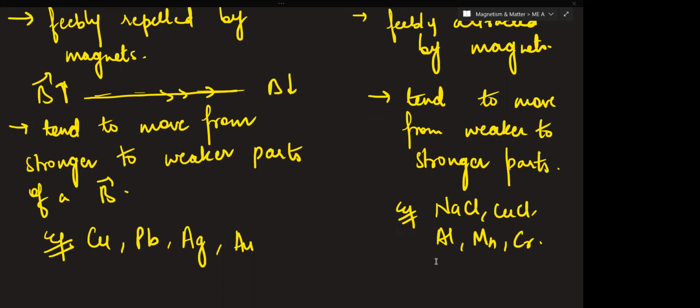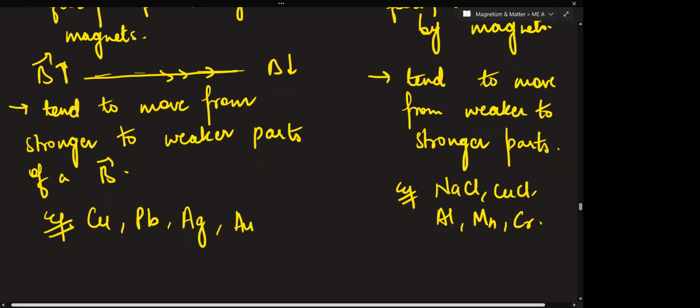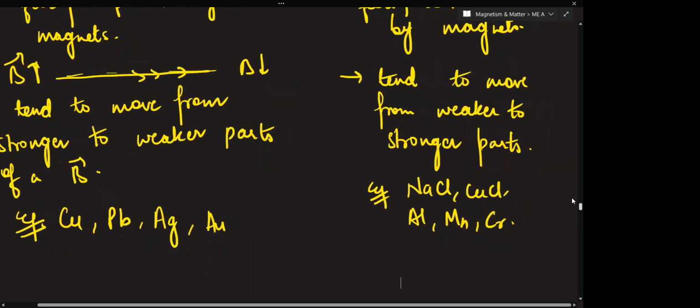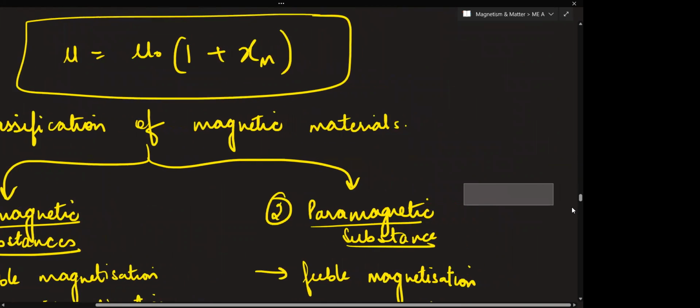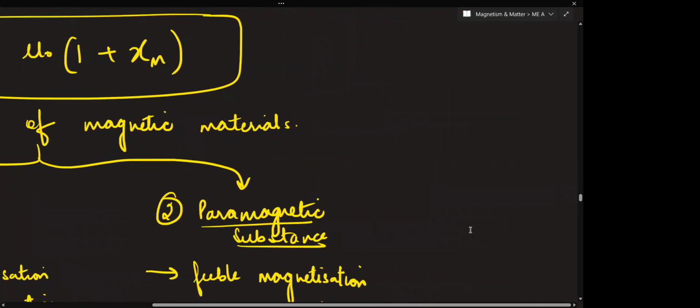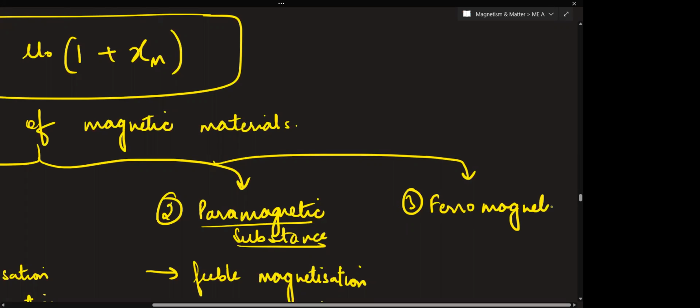Now the third and last group of substances that we'll discuss is the ferromagnetic substances.